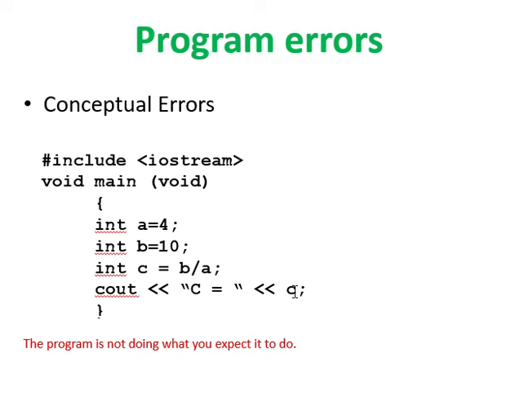The output shows C equal to the output that we find, but maybe it is not the result we want, so this kind of error happens. These are all about today's lecture, where we discussed some of the program errors and bugs that happen during the execution of any code.